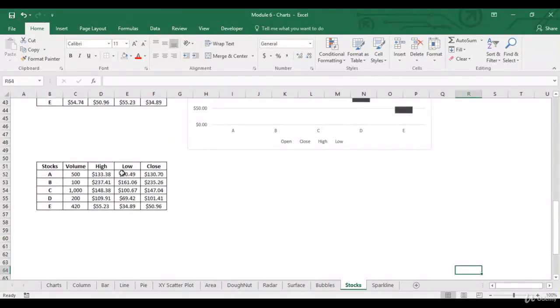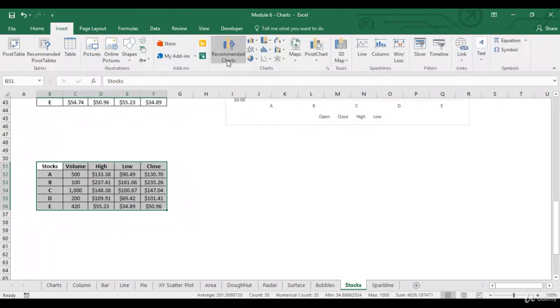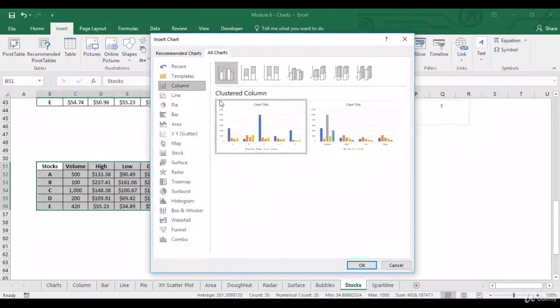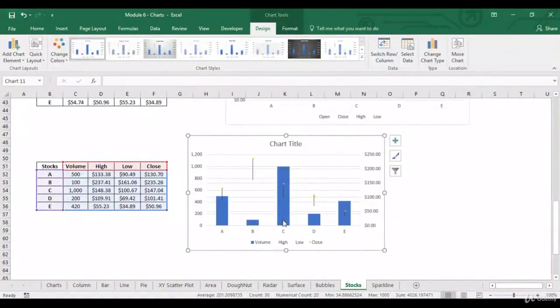The third type looks at the volume which was also traded on. So let's select this. So what this is doing is it is plotting the volume on the vertical axis, and it is plotting the stock prices of high, low or close on the secondary vertical axis.